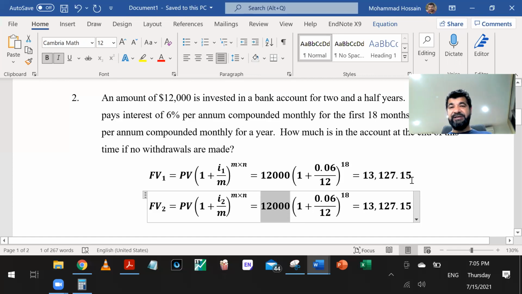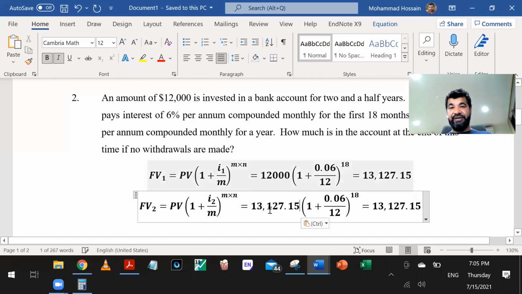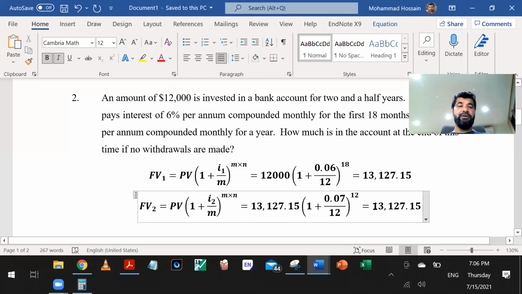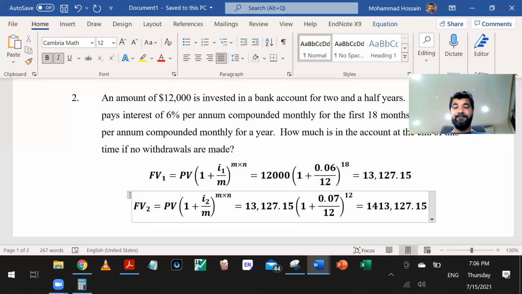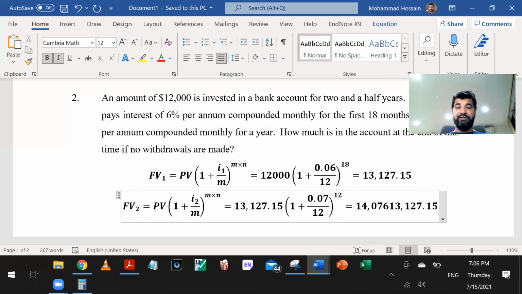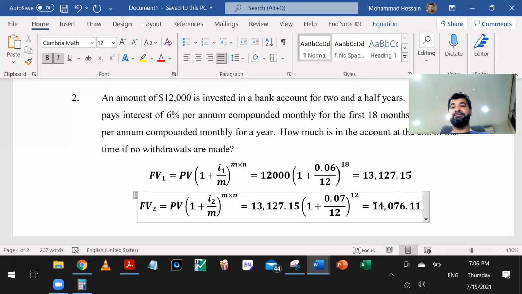After 18 months, this much money we have. Now they have to pay us interest on this much money. It's 7%, 12 months, that's okay, because it's monthly interest rate, 12 by 12, but here it will be only 12 payments. How much will it be? 14,076. That's it.